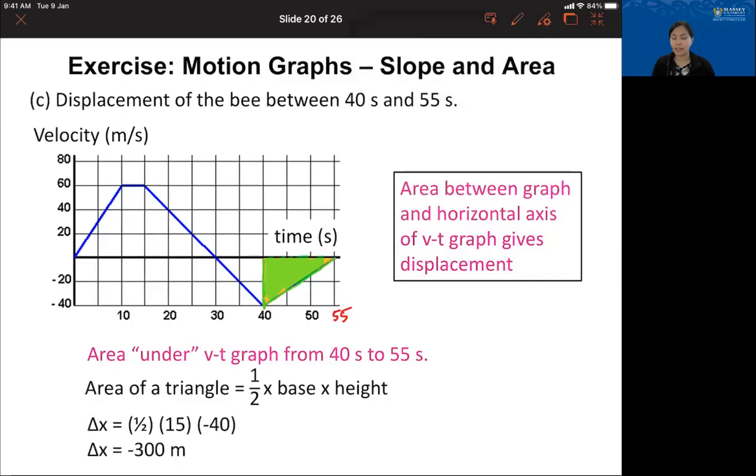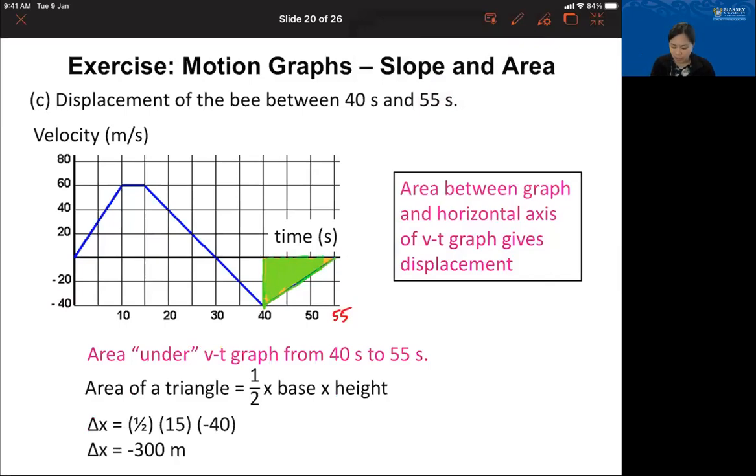As a final check, see whether your area is below the horizontal axis or above the horizontal axis. Okay, so be careful now with the sign. Because you're talking about displacement, you need to have this sense of direction.